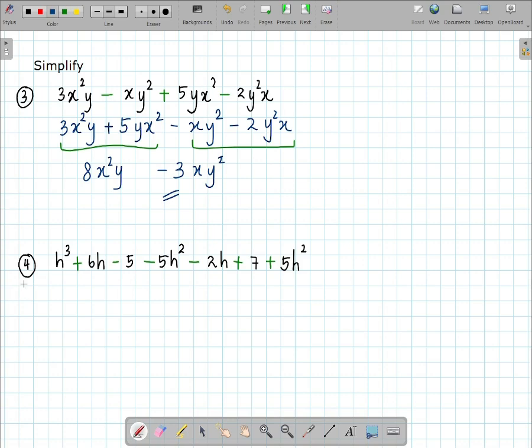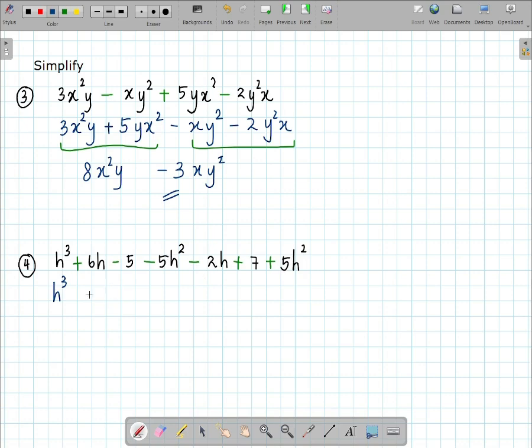Then example number 4, h to the power 3 plus 6h minus 5h squared minus 2h plus 7 plus 5h squared. Then h to the power 3, are there any h to the power 3's? No. Then I continue writing that h to the power 3. Then we have h to the power 2, then here also h to the power 2.